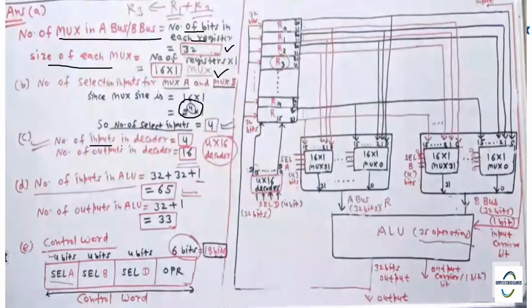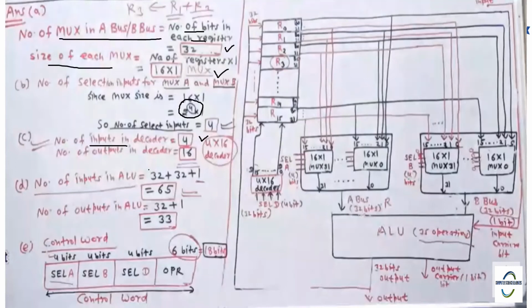The number of inputs in the decoder will depend on the number of registers. So total how many registers are there? 16. So we need to have a 4 cross 16 decoder, right? So the configuration is n cross 2 raised to the power n, and 2 raised to the power n is equal to the total number of registers in the system.